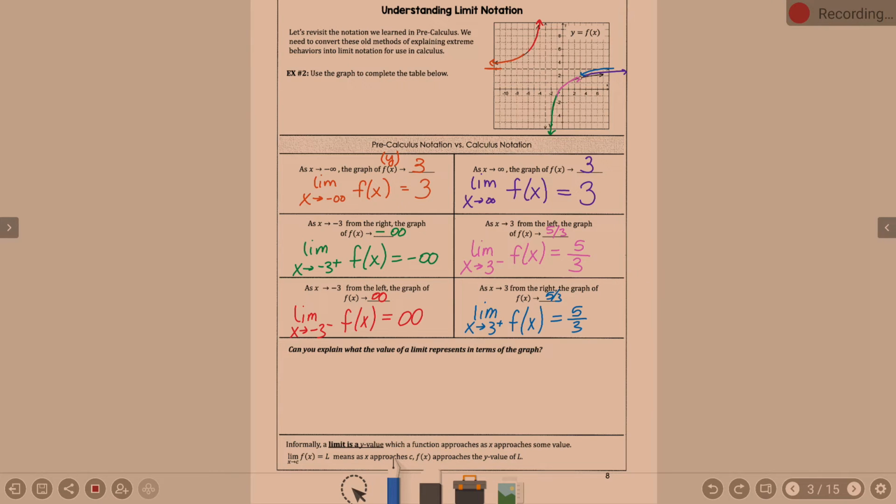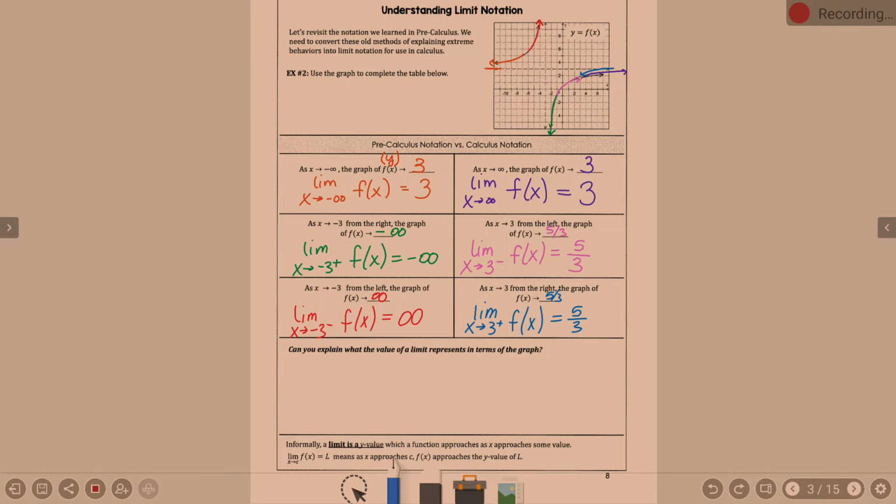They ask, can you explain what the value of a limit represents in terms of the graph? What were all of our answers essentially? We did as x approaches some x value, then all the answers we gave were y values, right? So the answer to a limit is always a y value. So the limit is the y value that the graph is approaching from both the left and the right side of the target value, or whatever the c value is.